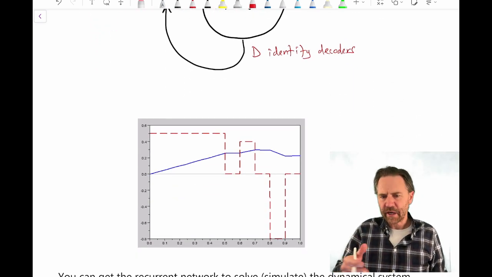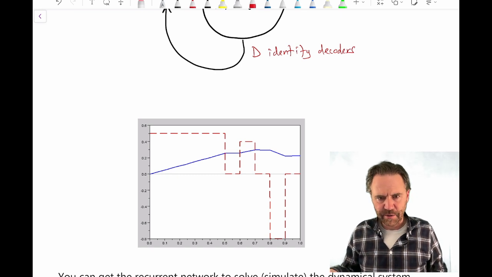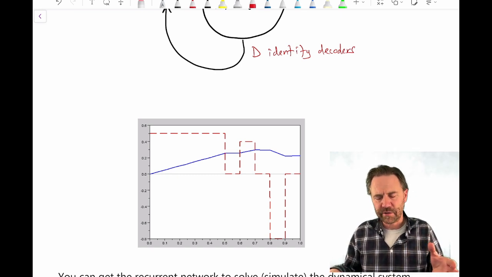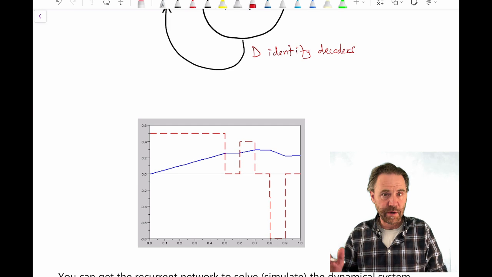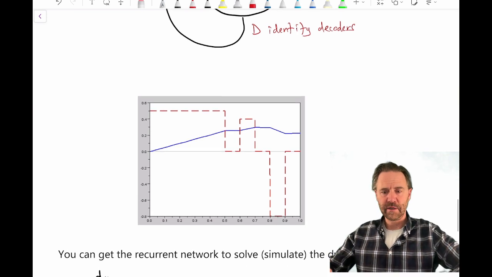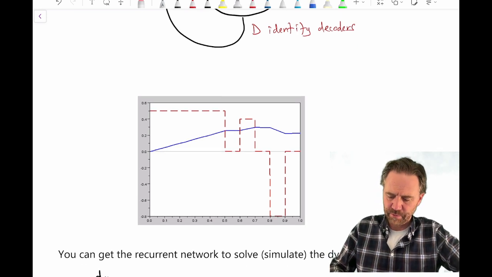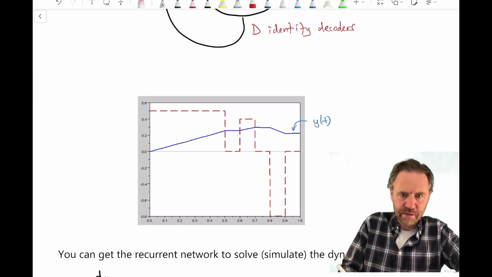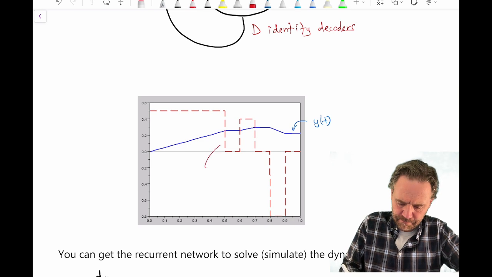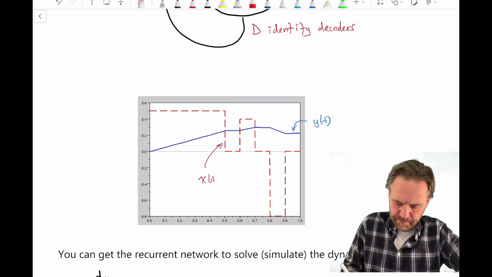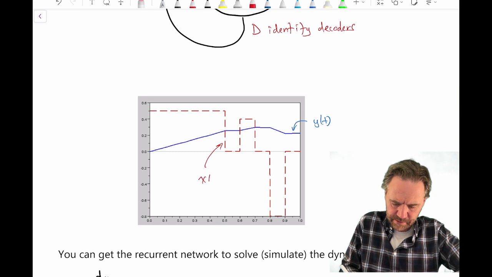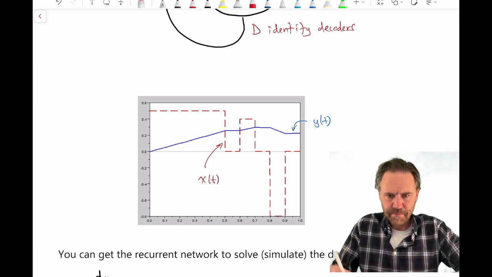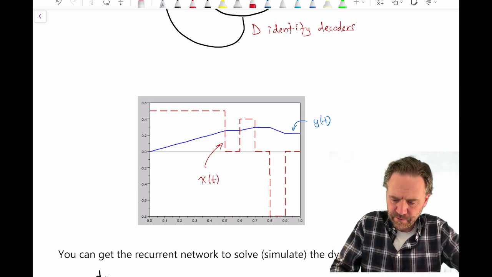I've already kind of described this behavior. This was just a Python demonstration I used to show. I think I have a better demonstration now. But for what it's worth, this is the output Y of t. This input is X of t. And you can sort of get a sense for it.